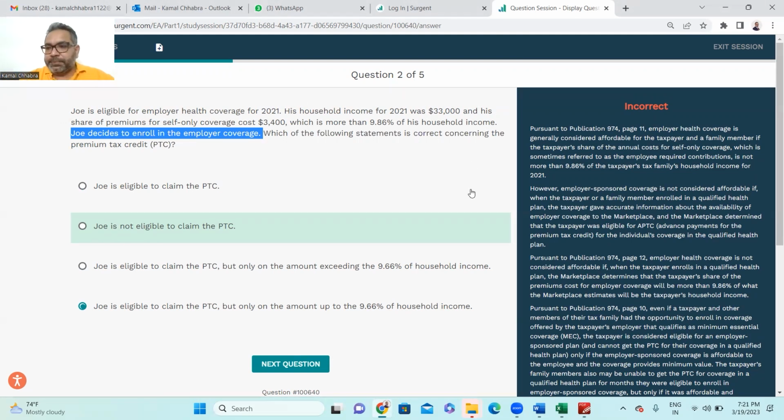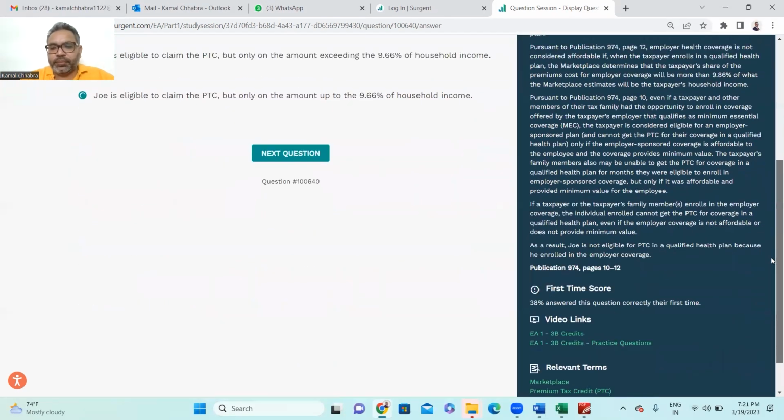Make sense? Are you getting the point? Yes, sir. If you see these last two points, you get the crux of the story. If the taxpayer or a family member enrolls in the employer coverage, the individual cannot get the PTC for coverage in a qualified health plan, even if the employer coverage is not affordable.